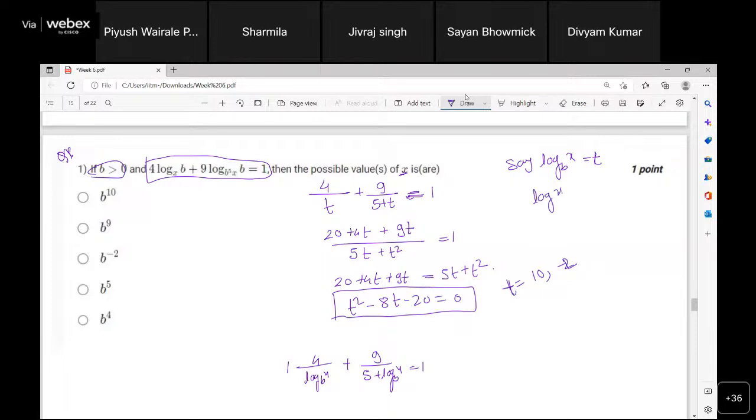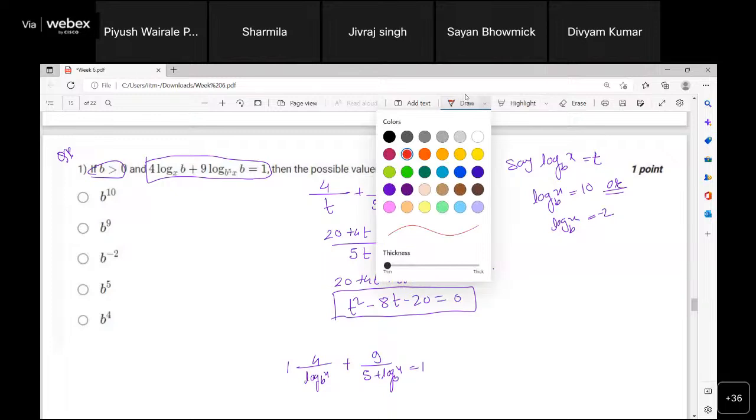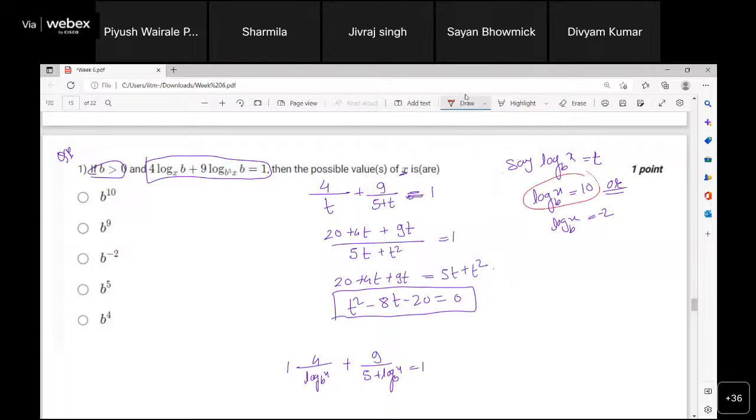So log of x to the base b equals 10, or log of x to the base b equals minus 2. Now tell me, from this, what I can say: x equals b to the power 10, and from this, x equals b to the power minus 2.